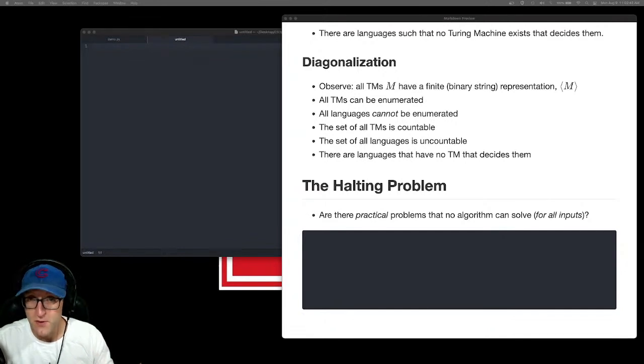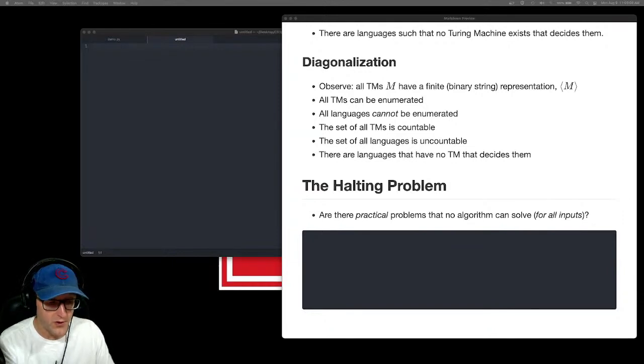Did you mean to do that? You can use a linter, you can use static analysis tools to kind of determine that. But unfortunately, there are problems that cannot be decided. We're going to show that one particular problem is undecidable in general. So yes, there are practical problems that cannot be solved for all inputs.